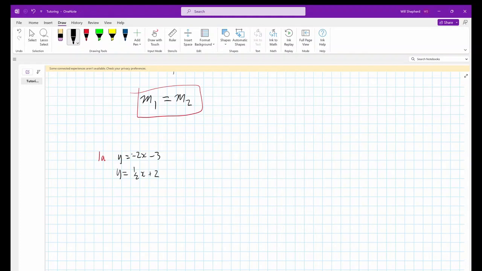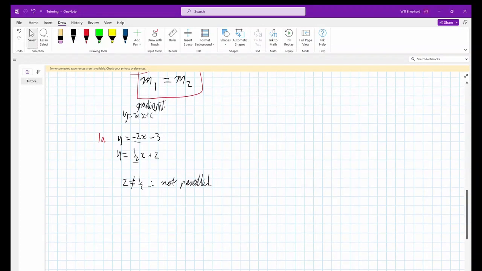Straight off the bat, we know that -2 does not equal a half, because these are the gradients, the m values: y equals mx plus c, and m is the gradient. So -2 does not equal a half, therefore not parallel.